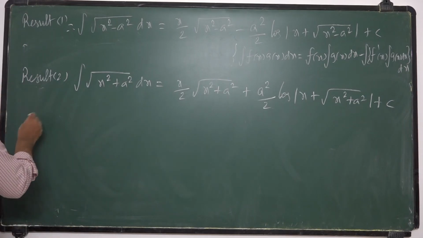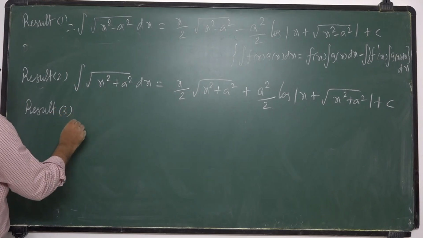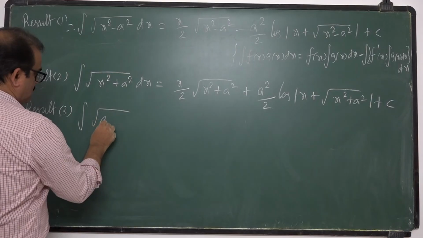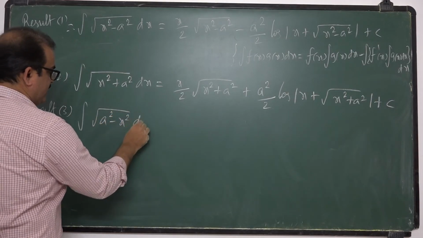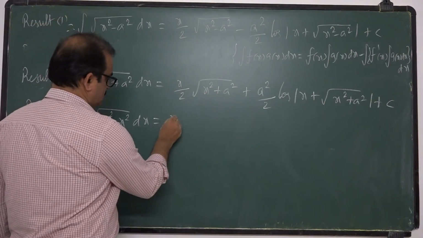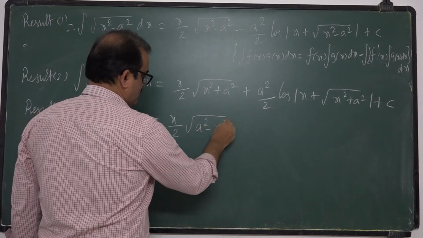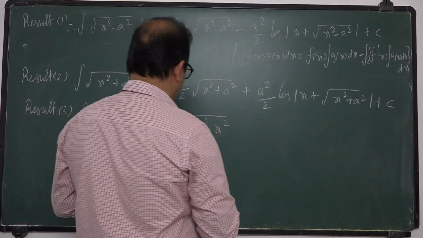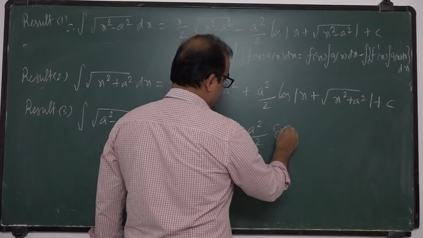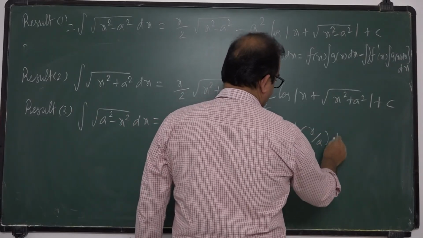Next, result 3: integral of root of a square minus x square into dx, that is equal to x by 2 into root of a square minus x square plus a square by 2 into sin inverse of x by a, plus c.